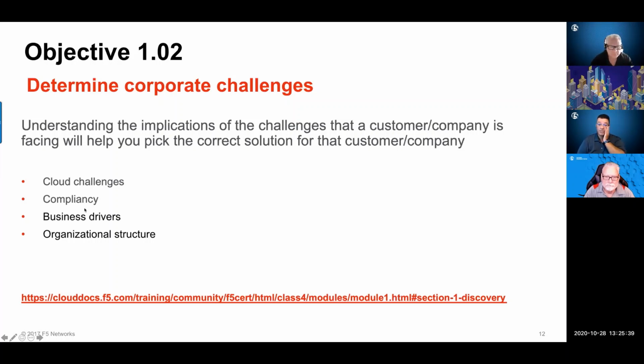So there are a couple of products we could position on the F5 side to meet those requirements. I have the links here for the class too, so you'll be able to dig down and look at that. On the exam, you'll probably get scenarios where you're trying to determine the true challenge of that customer, what they're trying to accomplish, right?